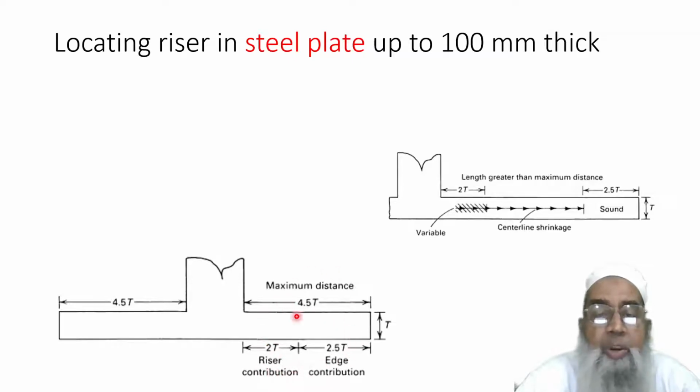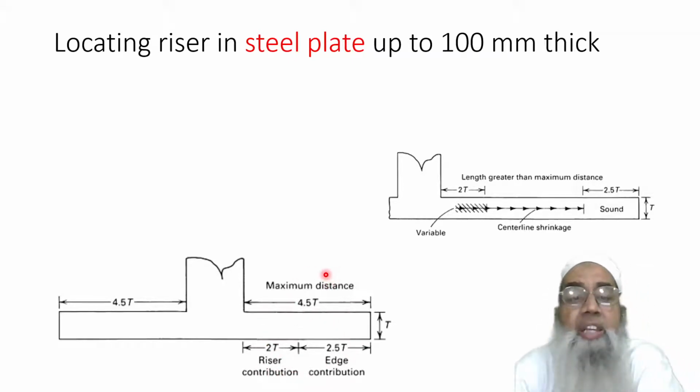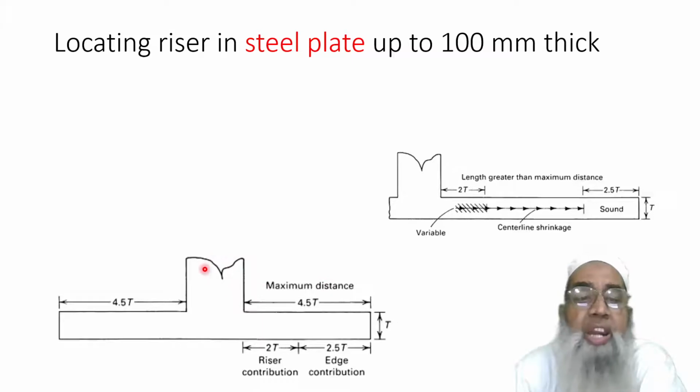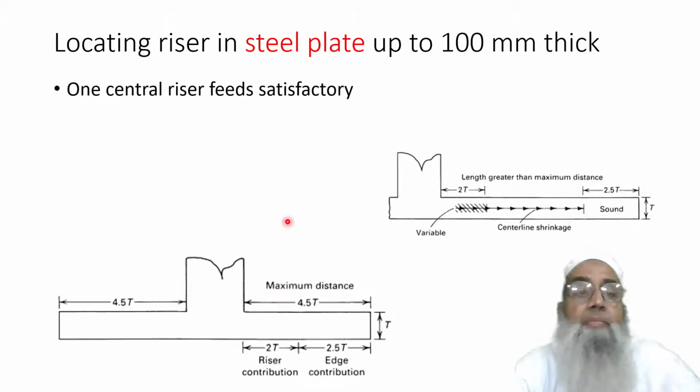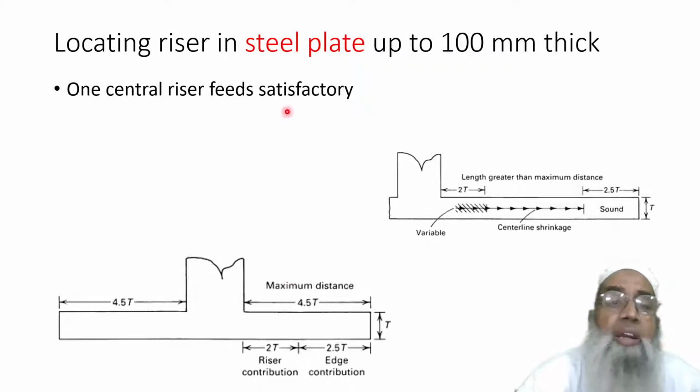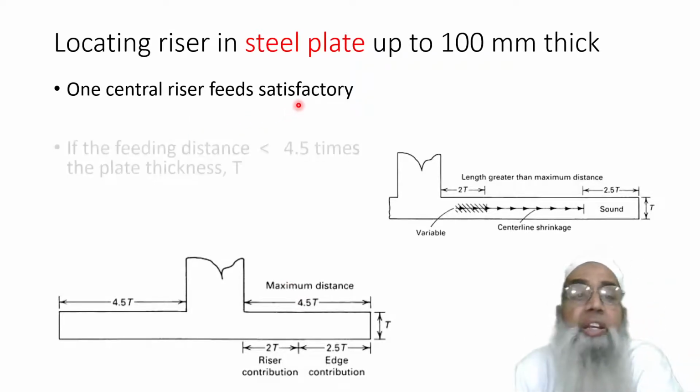Therefore, 4.5 T will give a sufficient flow of the molten metal and compensate the shrinkage. More than that, we have a center line shrinkage, and therefore this is the maximum. One central riser feeds satisfactorily.